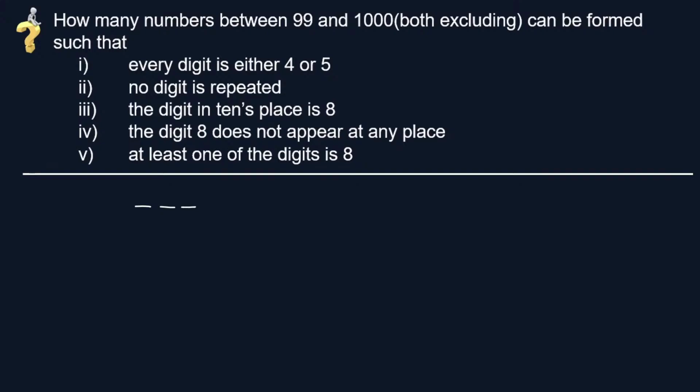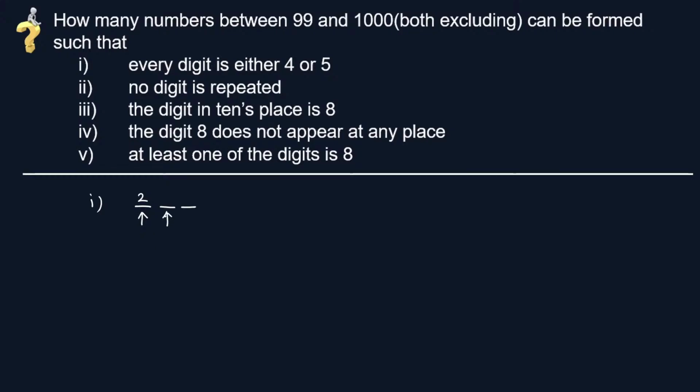Any number between 99 and 1000, both excluded, will be a 3-digit number. Now, every digit is either 4 or 5. Listen very carefully. That means this place can be filled in 2 different ways. Either 4 or 5 will come.